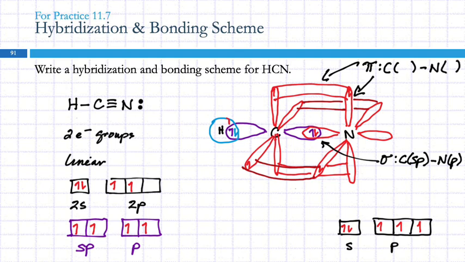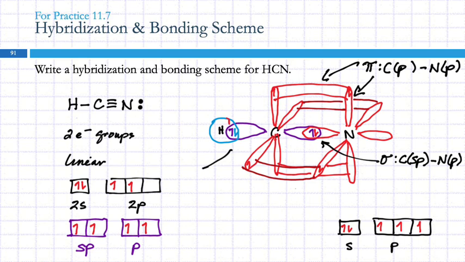What kind of an orbital is carbon using for those? It used one of these for the sigma bond with nitrogen, and it's going to use the other one for the sigma bond with hydrogen. The p orbitals are the ones that make the pi bonds. Pi bonds, p orbitals, right? So, p orbitals.